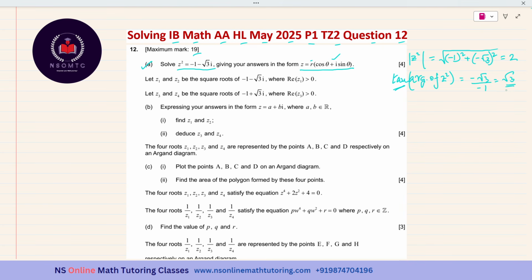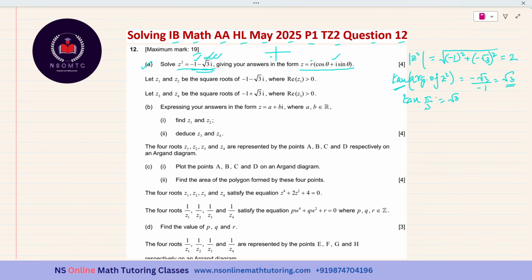We know that tan of 60 degrees, or tan of pi over 3, is equal to root 3. But when we plot this complex number on the Argand plane, it will be in the third quadrant, where the real part is negative and the imaginary part is also negative.